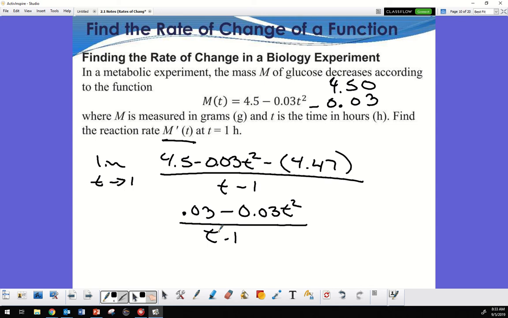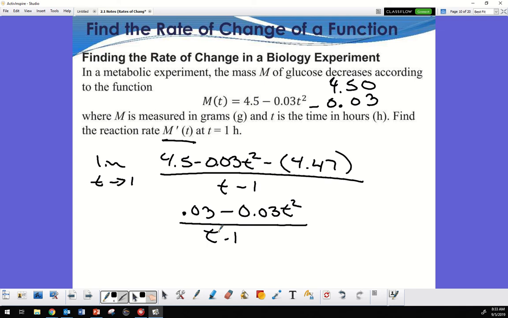Okay, can I factor anything out? Yes. What can I factor out? 0.03, and I highly recommend also factoring out a negative.